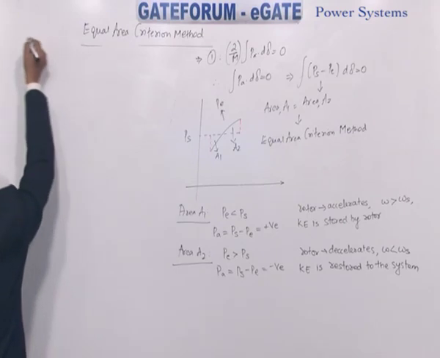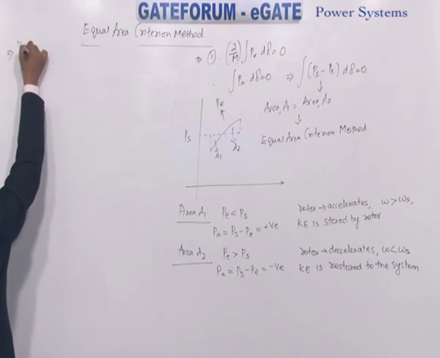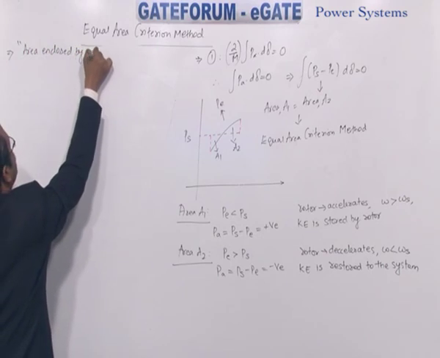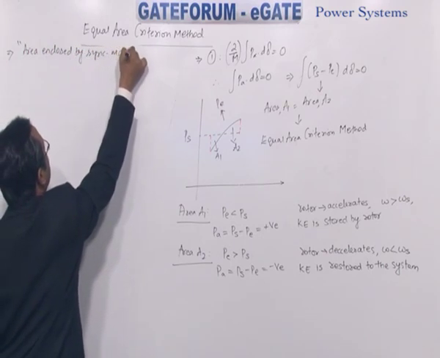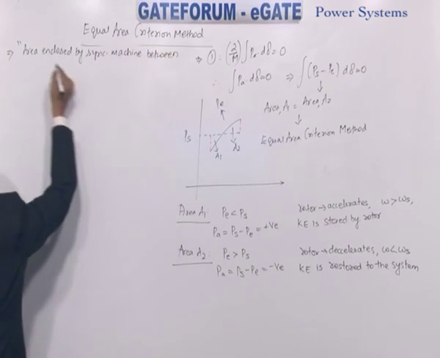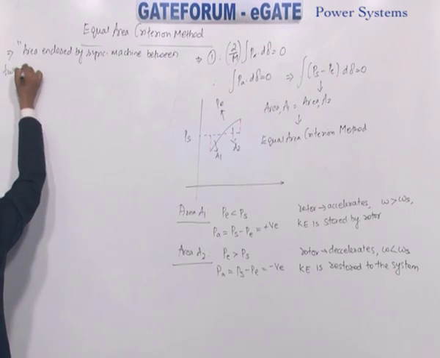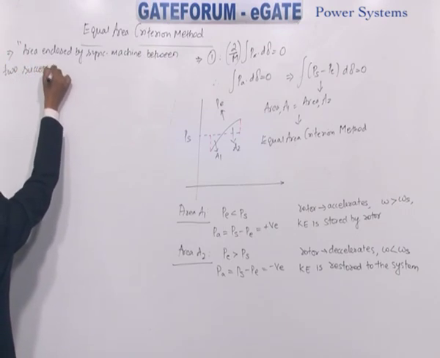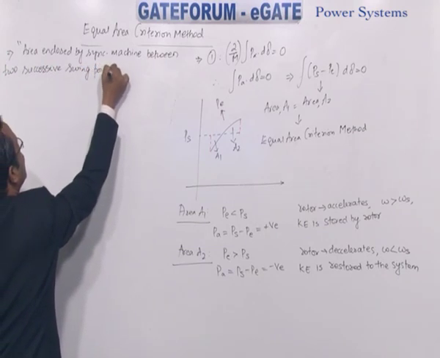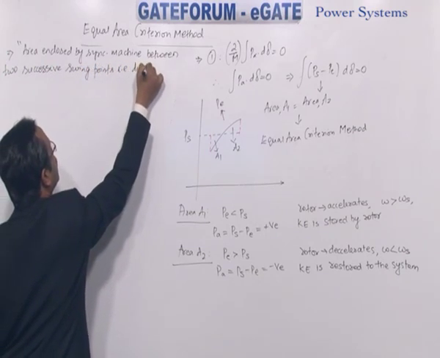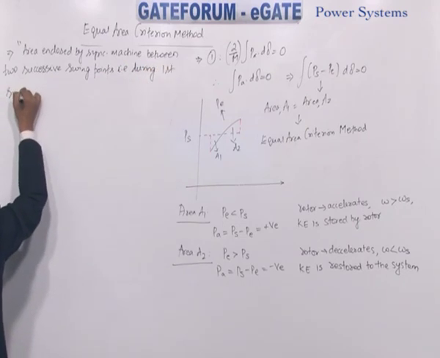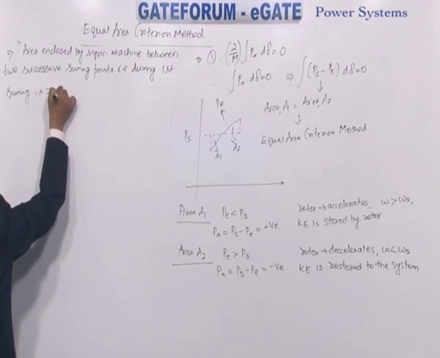So what is the statement now? The area enclosed by the synchronous machine between the two successive swing points, that is during the first swing, is 0.